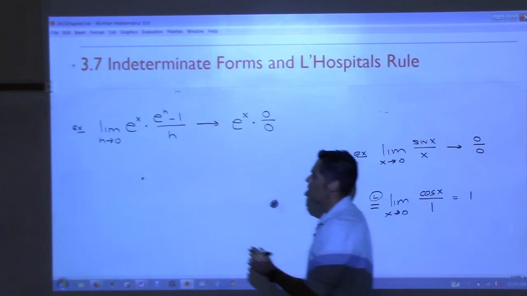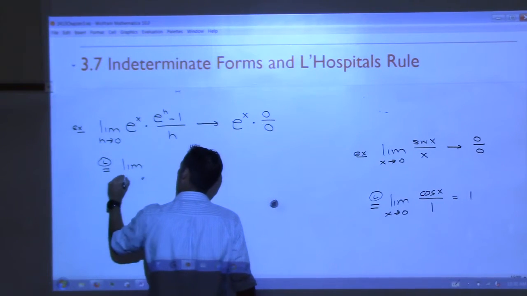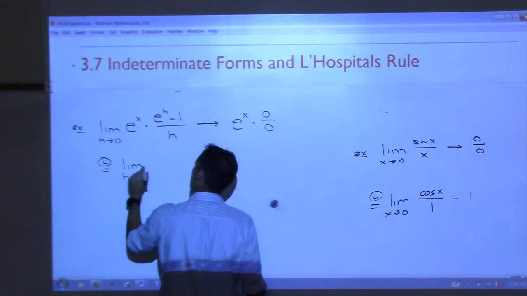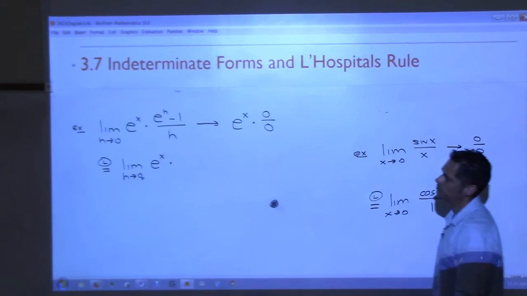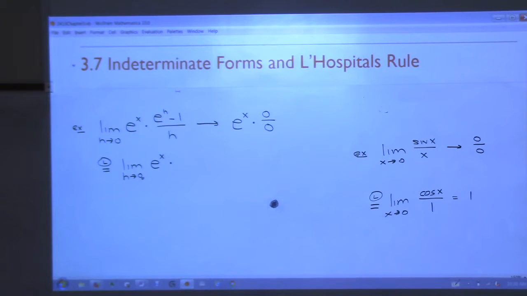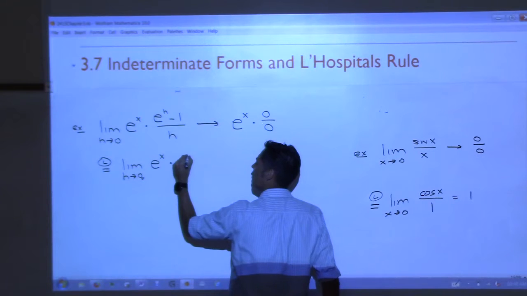So I am allowed to use L'Hopital's rule. Limit as h goes to 0 of e to the x times what? What is the derivative of the top? What is the derivative of e to the h? e to the h. What is the derivative of minus 1? 0.